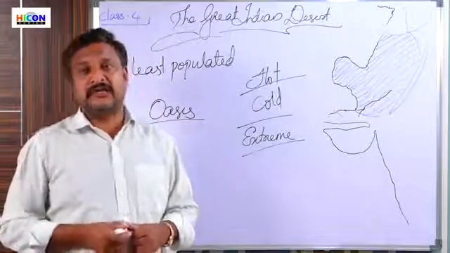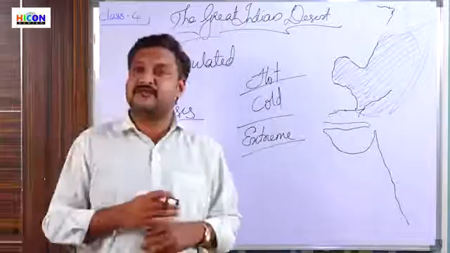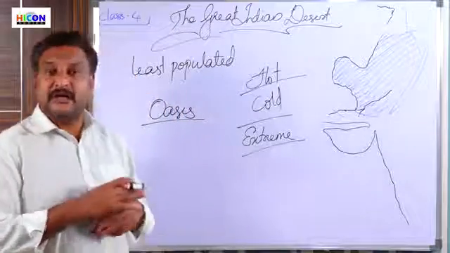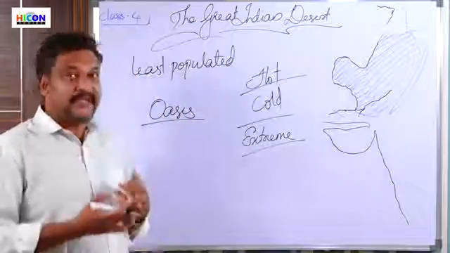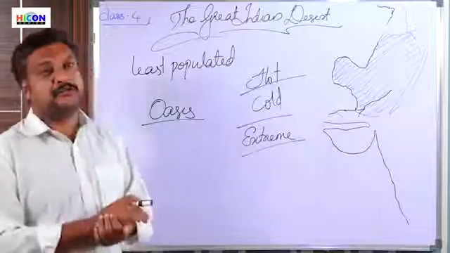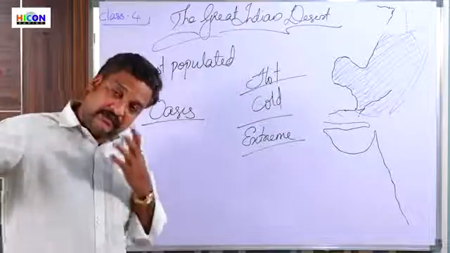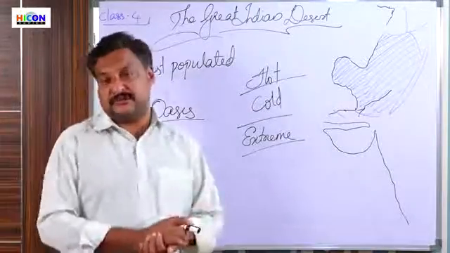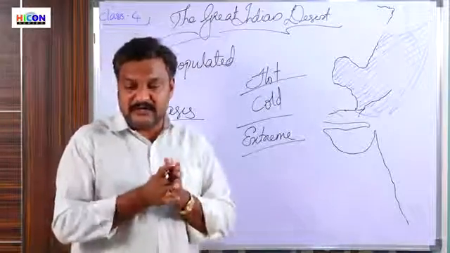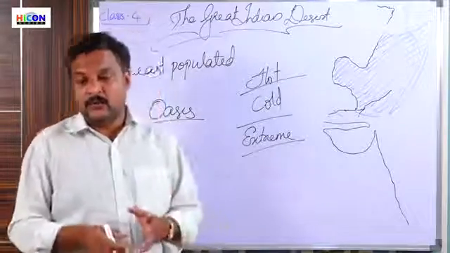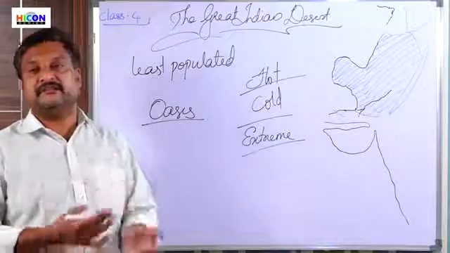So, the Indira Gandhi Canal system is a system of canals established in the Rajasthan region so that water can be brought for irrigation purposes. And with this water, we can now cultivate some kinds of crops.